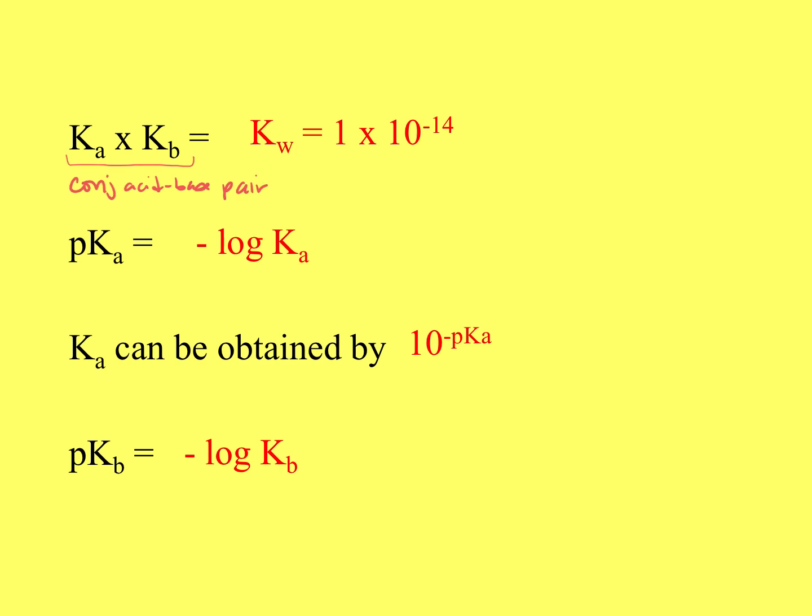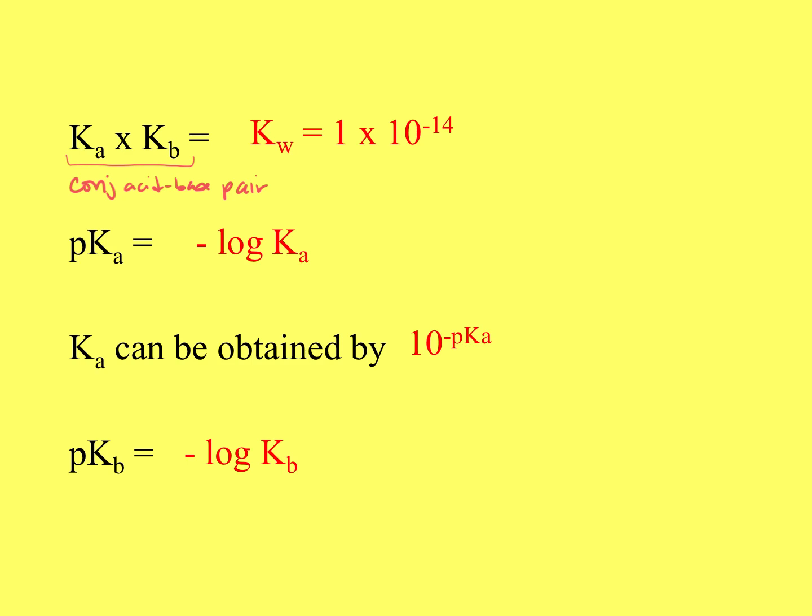So, for example, the Ka of HNO2 times the Kb of NO2 negative would multiply to 1 times 10 to the negative 14, which is the same thing as Kw, the ionization constant for water.